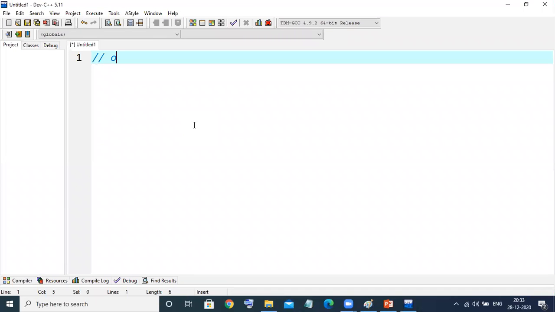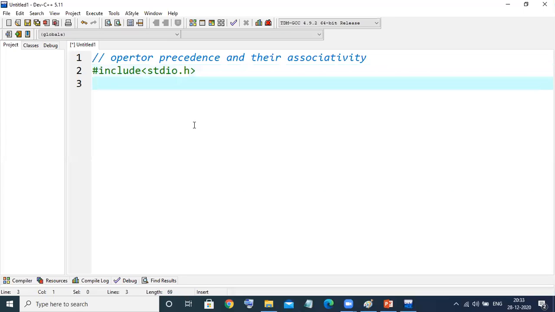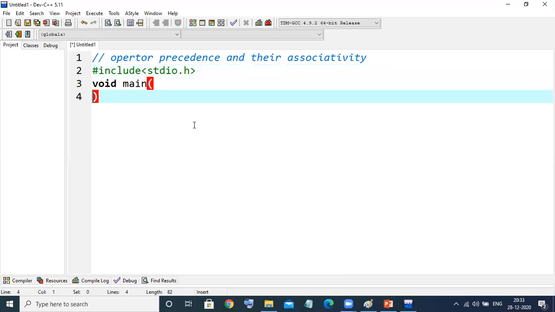Now we are going to write a program on operator precedence and their associativity. For that purpose, I'll take one header file, include stdio.h. Then void main.